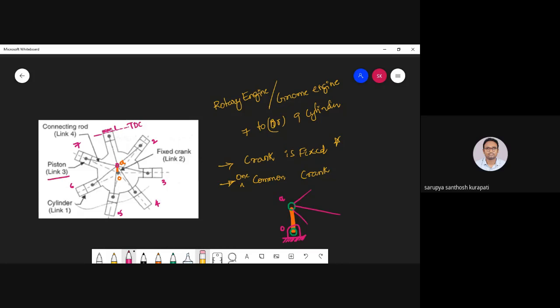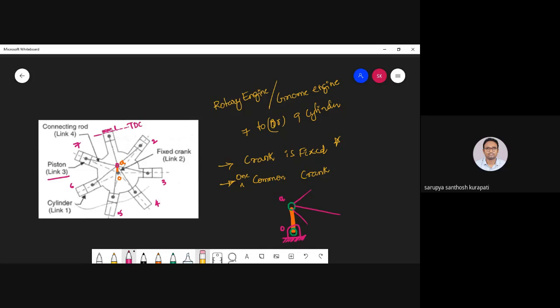This is link 3, piston, and link 1 is cylinder. Now in cylinder 1, this piston position is at top dead center, so here I'm going to suck my fuel, it is in the starting stage.